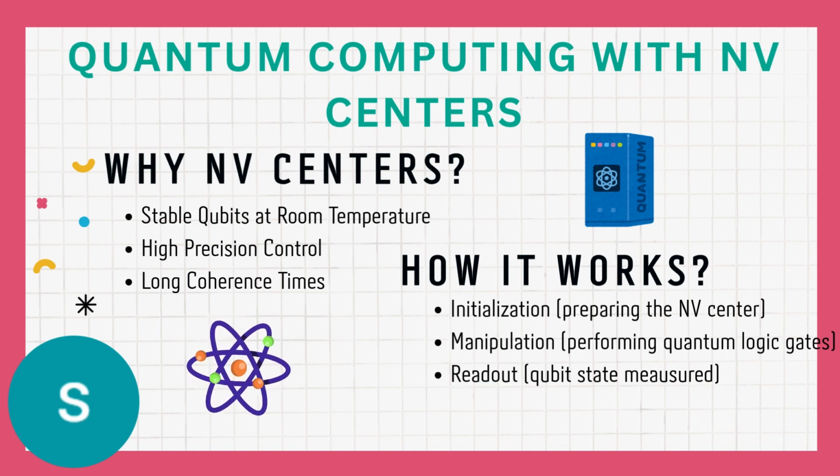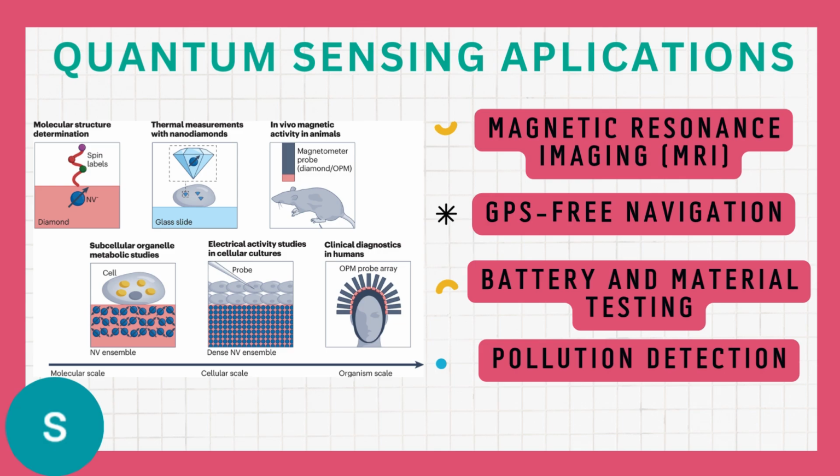And then the second step, manipulation, is to control it using microwaves to flip or change the qubit. And the third step, readout, is to shine the laser again and watch how much red light it gives off to figure out the answer. All in all, it is a stable and reliable tool for early stage quantum computers.